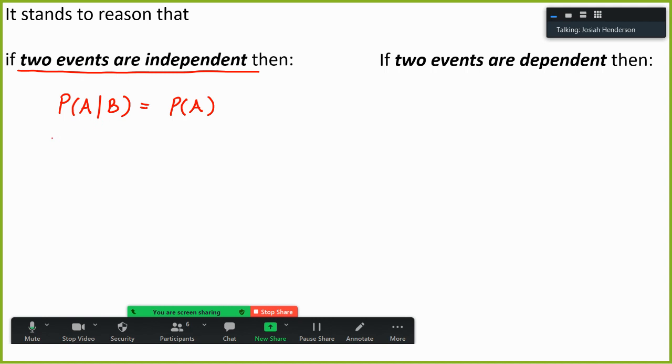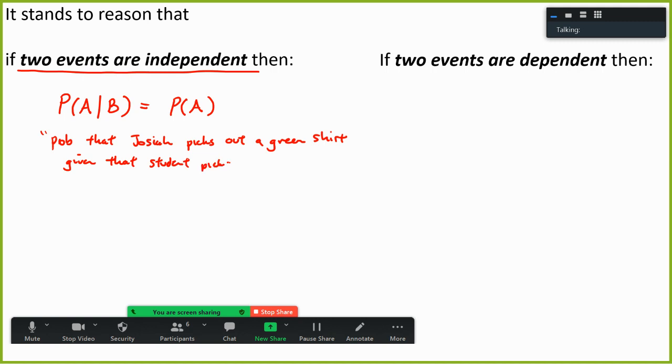So here's an example below: the probability that I, Josiah, pick out a green shirt, given that someone else, Manaya or Antonio, picks out a blue shirt, is just the probability of me picking out my own green shirt, because it doesn't matter what anyone else picks out in this case, right?